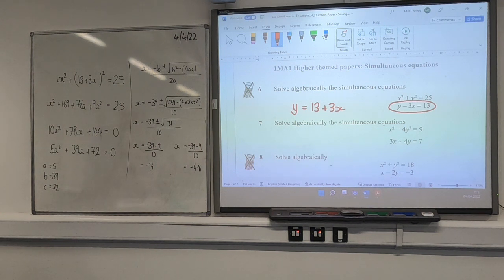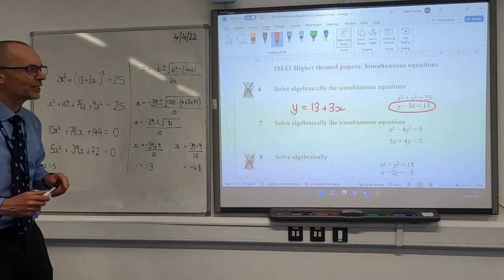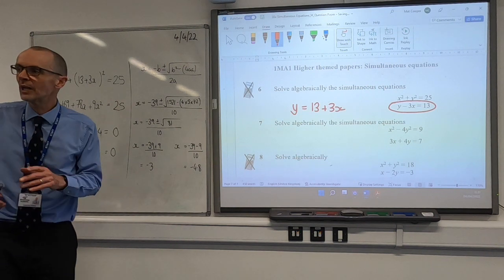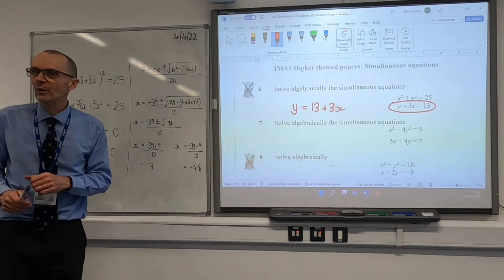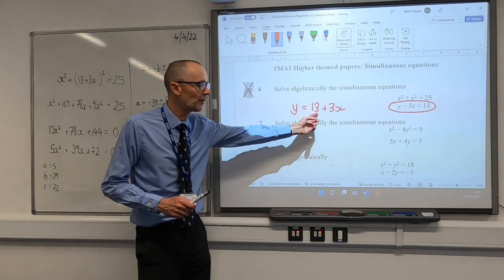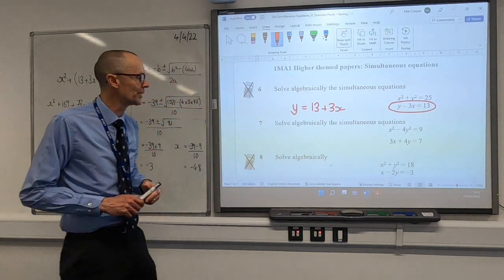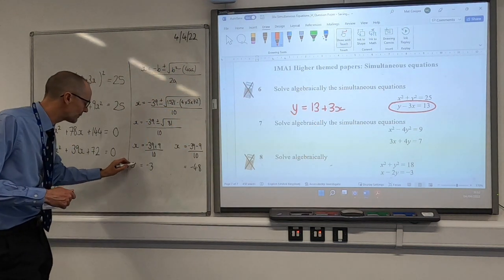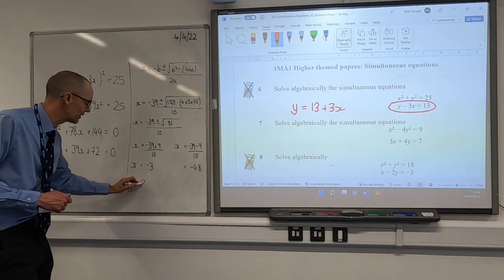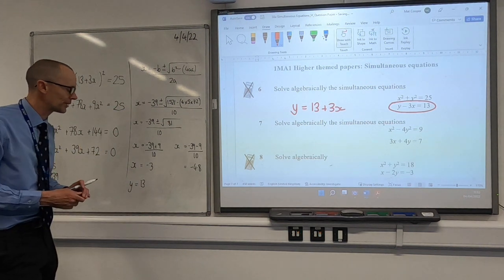And so we've got two x values, we also need y values. Have I got a way of working out y if I know what x is? Well, yes. That was what I did right back at step 2, wasn't I? If x is minus 3, y is equal to 13 plus 3 lots of that.